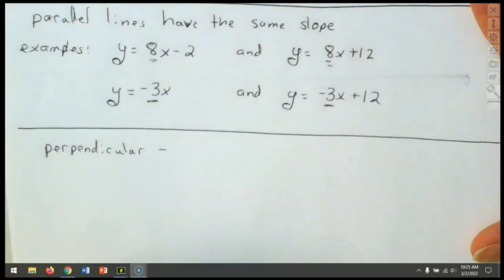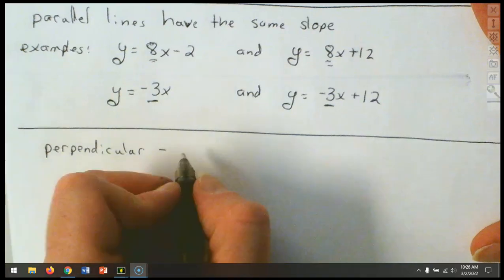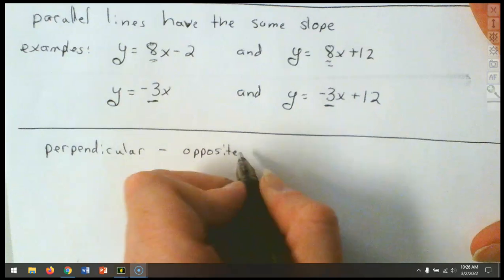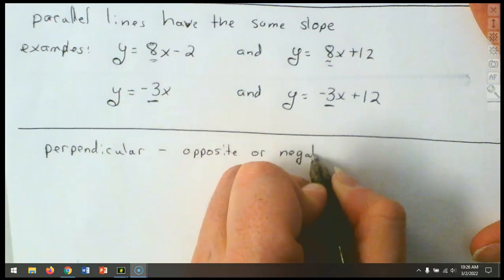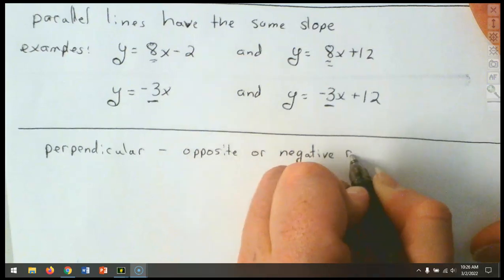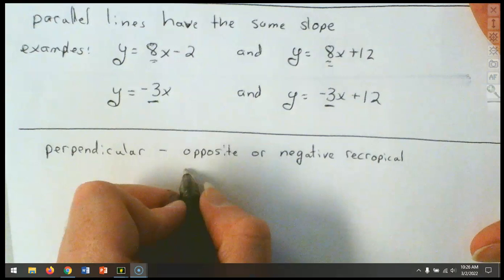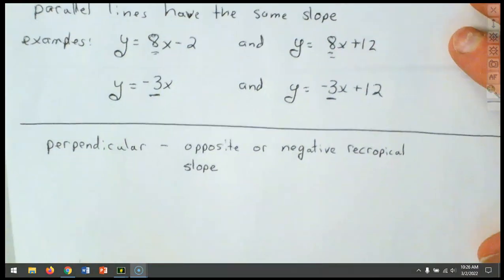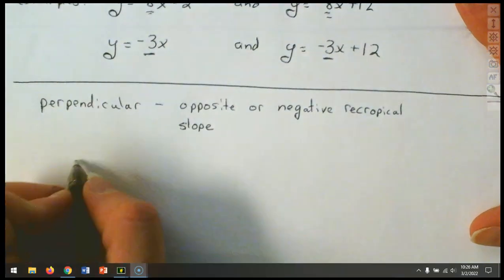And perpendicular lines, they have the opposite or negative reciprocal slope. So here are some examples of perpendicular lines.